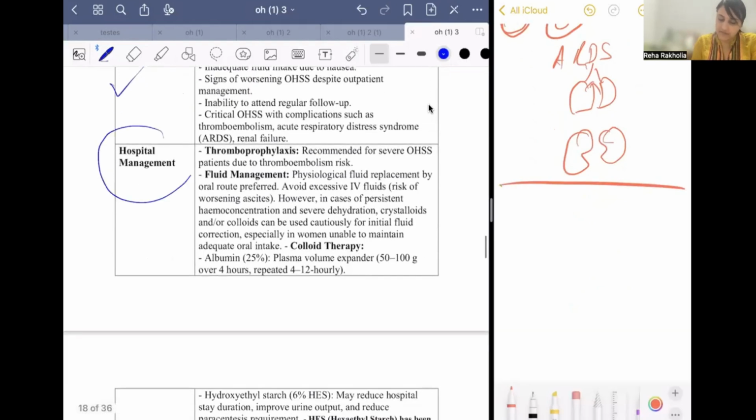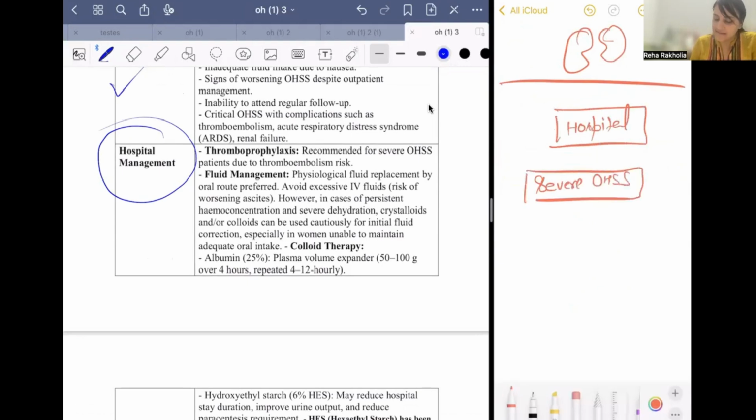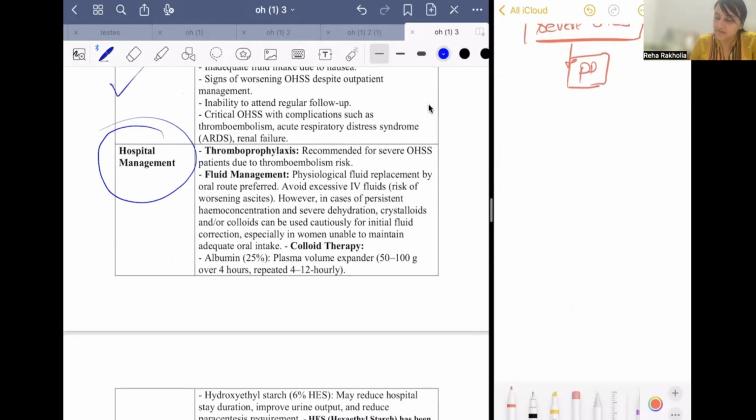Now, hospital management. Within hospital, how will we manage? Severe OHSS requires thromboprophylaxis to decrease the risk of thromboembolism. Fluid management is carefully controlled to avoid excessive IV fluid, which can worsen ascites.